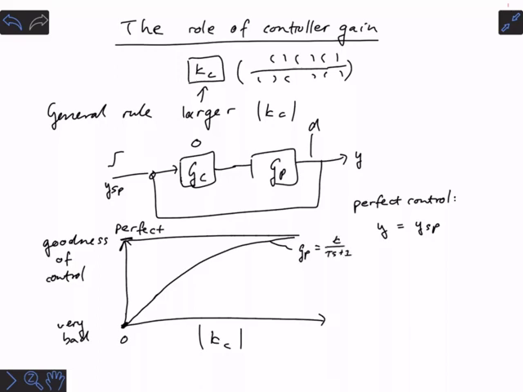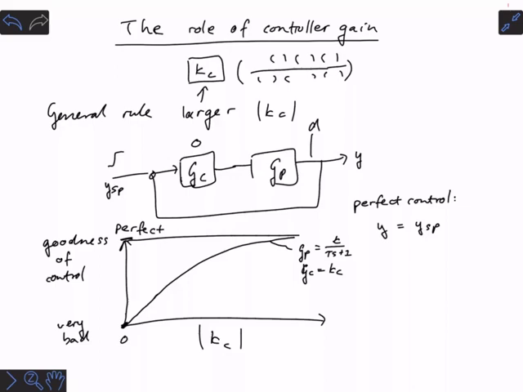So if we have a first order system and we just have proportional control, the bigger we make the gain, the better the performance becomes. And if we just have super huge gain, we get zero offset and we get infinitely fast response. We saw that when we analyzed first order systems, that's basically the idea. Now there are some practical limits, but that's the general idea.